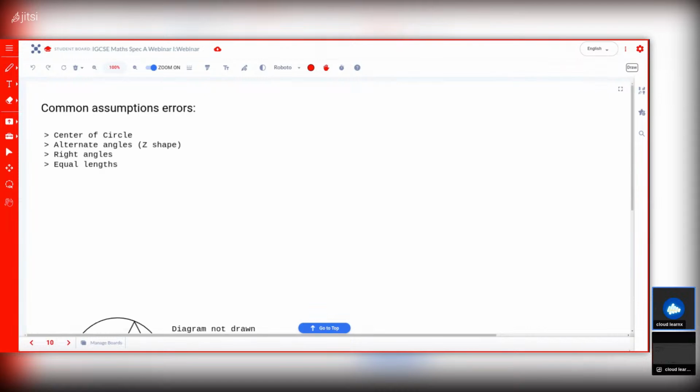And obviously in circle theorems, assumption is your biggest enemy, I would say. Because it's really convenient to assume, and then everything falls into place. And the people setting the exam know about this. So yeah, certain diagrams can be misleading. So watch out.